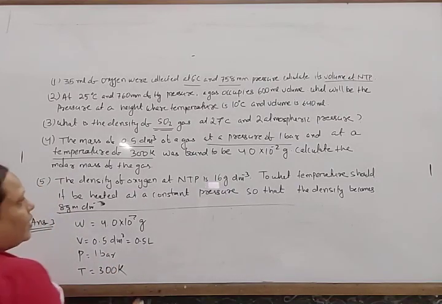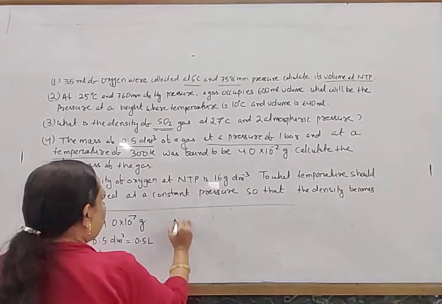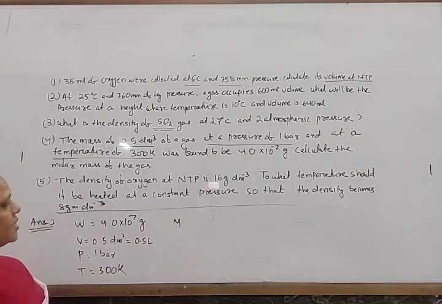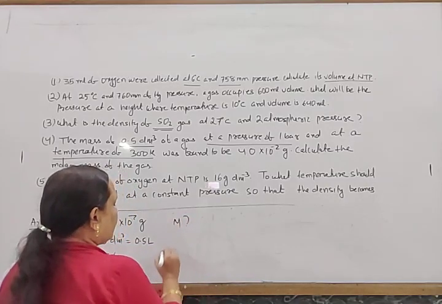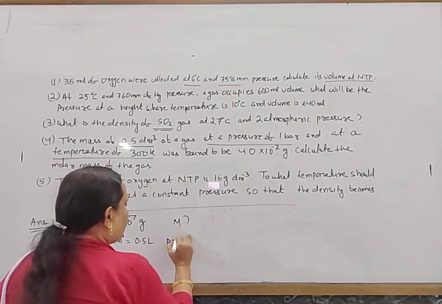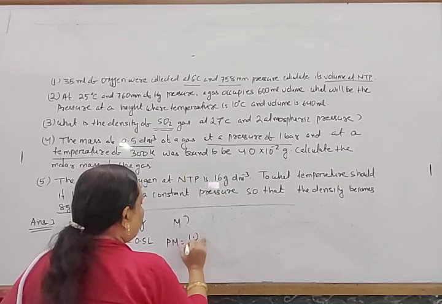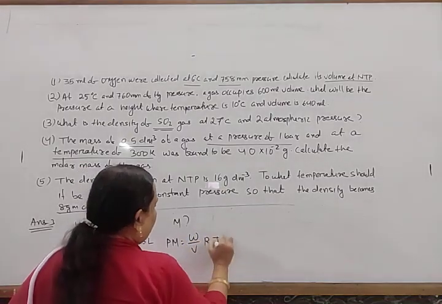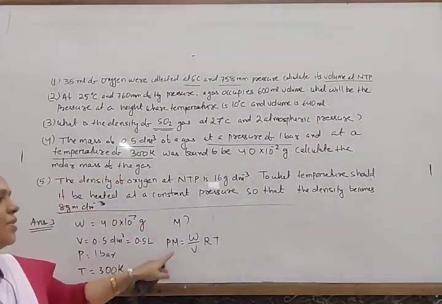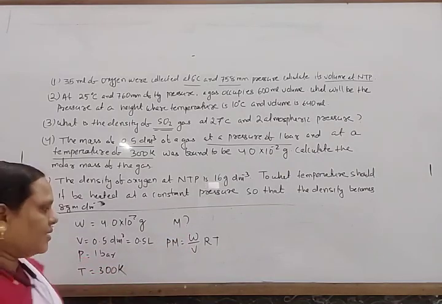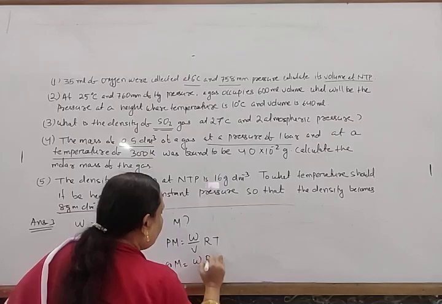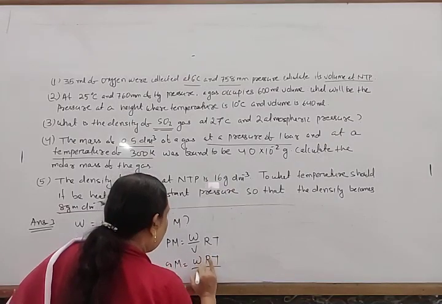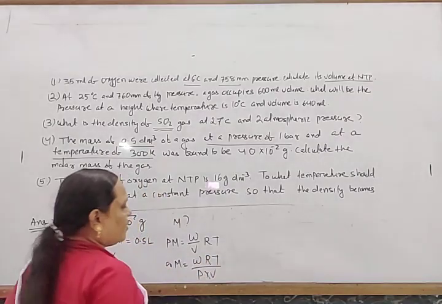Then you have to find out the molecular mass, M. We know PM equal to W by V RT, or M equal to WRT by P into V.